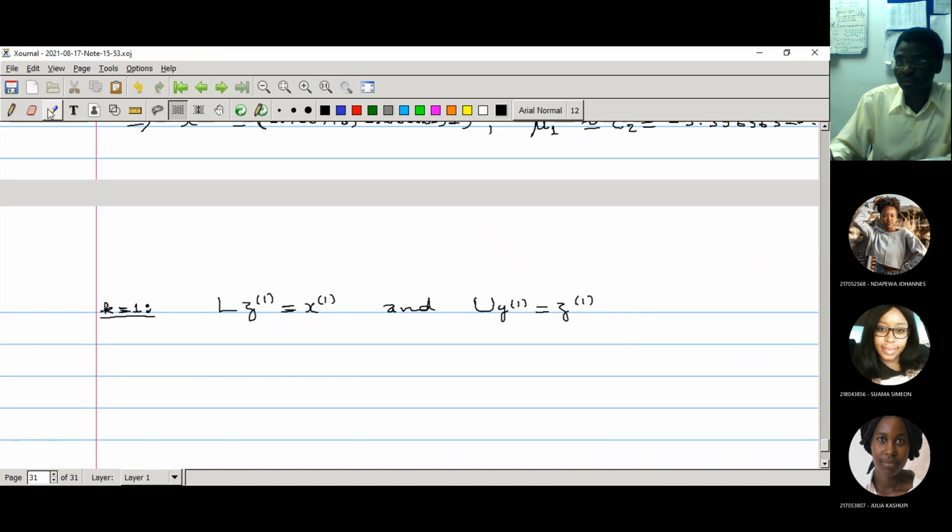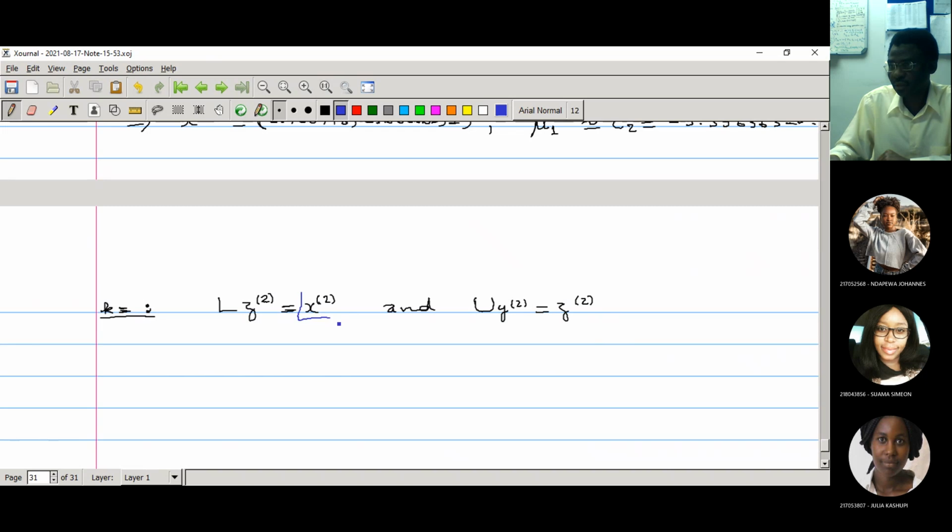Now here k is equal to 2. So we replace. So we first solve for, this is none, right?